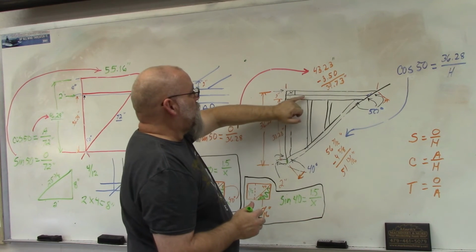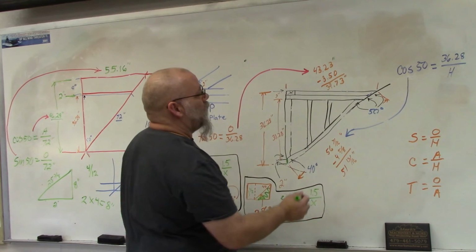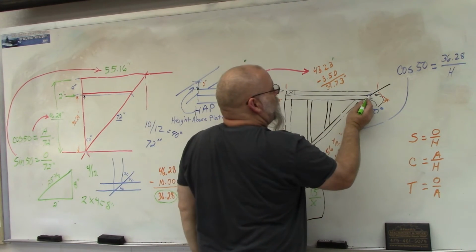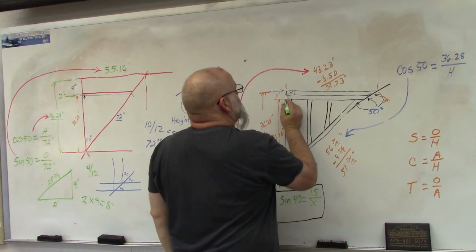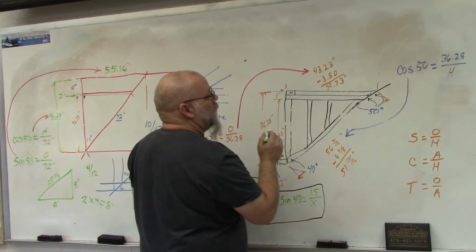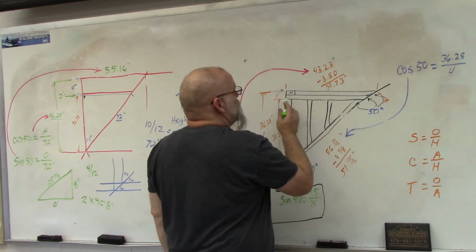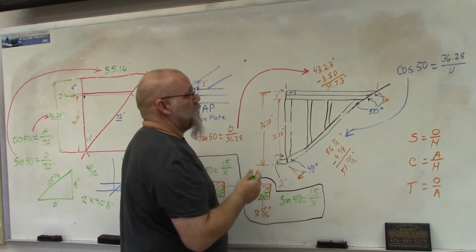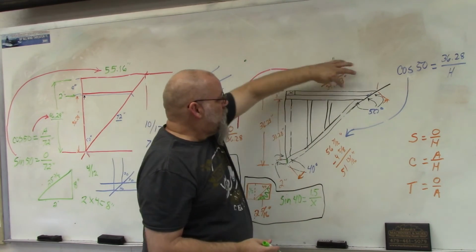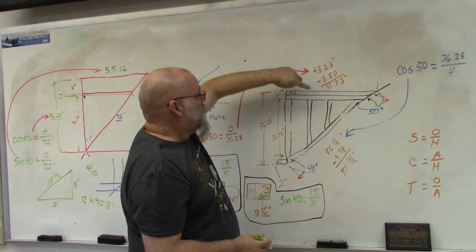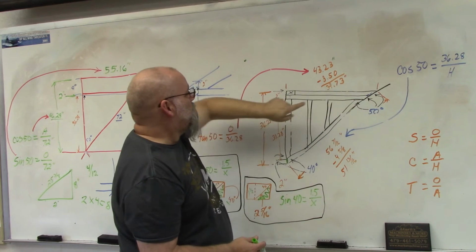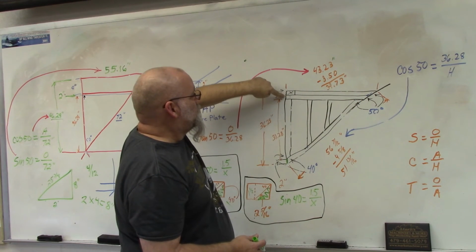Okay, so how do I get the second one? All I have to do is measure from the short point over to here, and that will give me the length of this stud. So I can cut this one at the full length, measure the short point to this end.